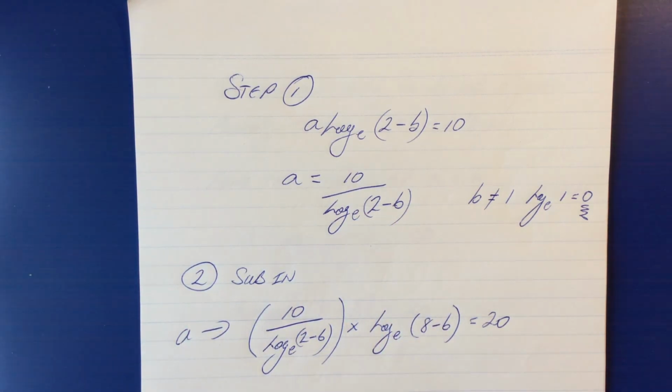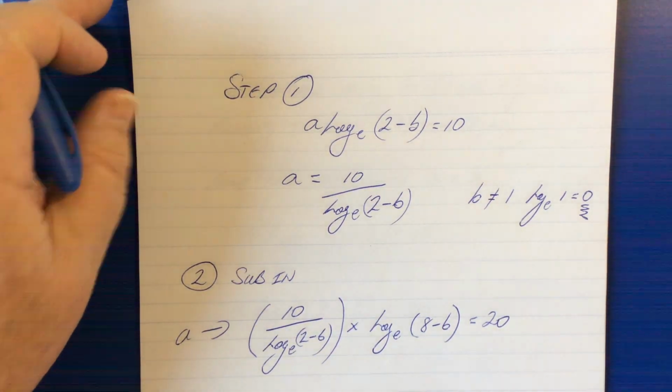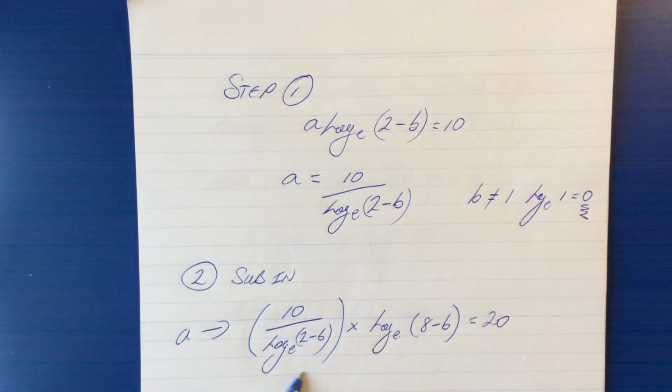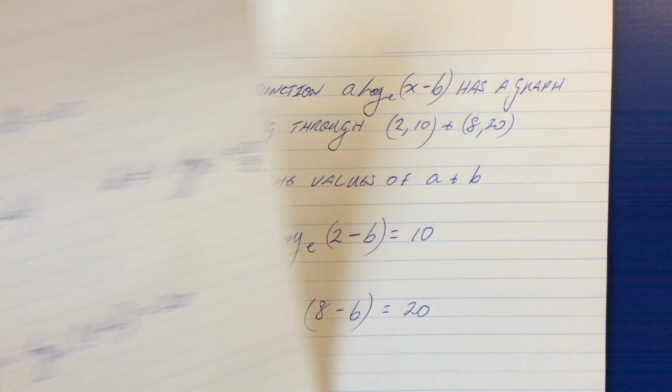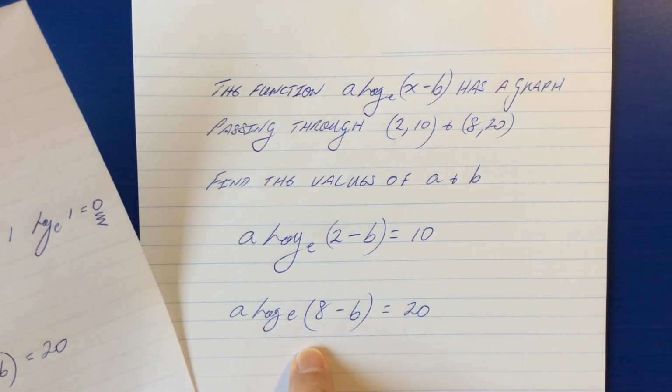What's my next step? Well, I sub in a to one or other of the original equations. So this expression here stands in for a, as I've pointed to here, and then I'm multiplying it by the second of these expressions.